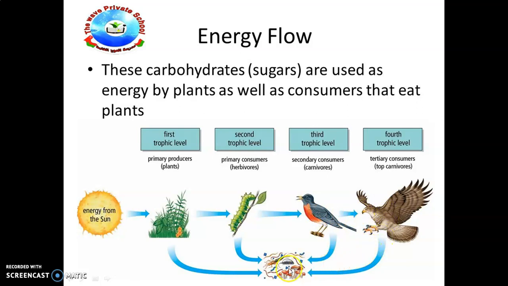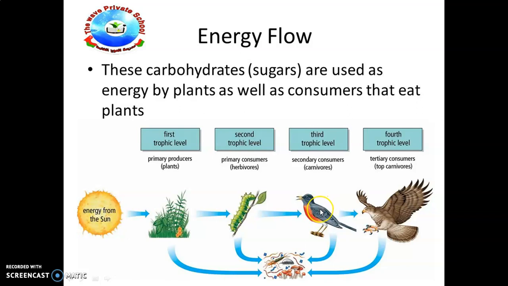Finally, these are all eaten by the decomposers. So by this you can say the plants are the primary producers, and those feeding on the plants are called primary consumers. We can also call them herbivores.